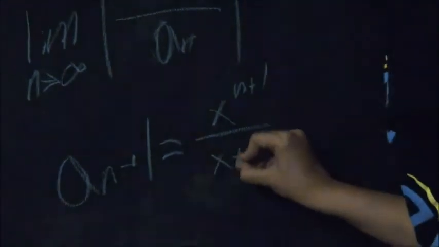So, the ratio test is the limit as n approaches infinity of a n plus 1 over a n. By looking at this, we can say a n plus 1 equals, so we add the plus 1 to the end, so x to the n plus 1 over n plus 1.